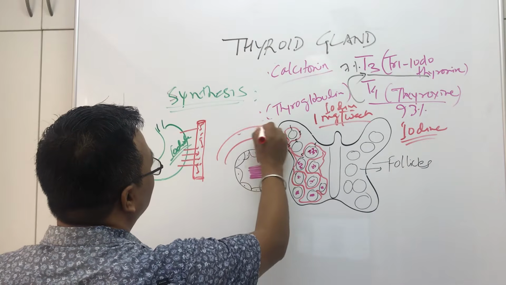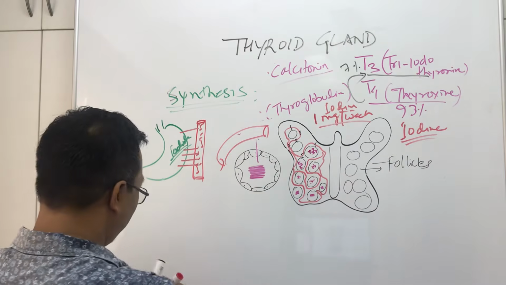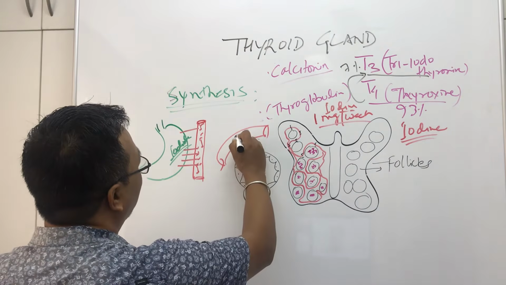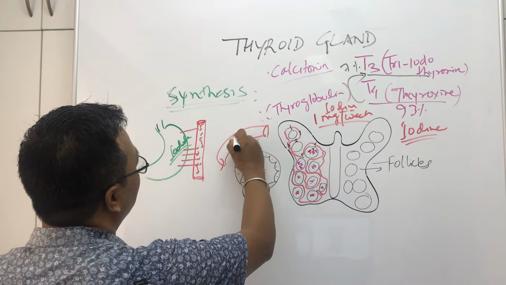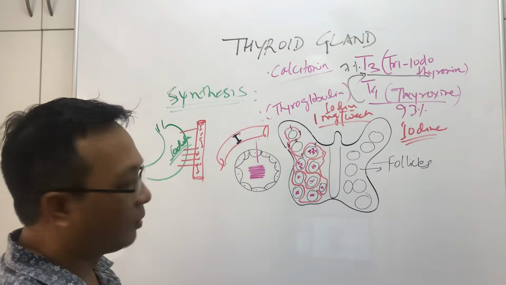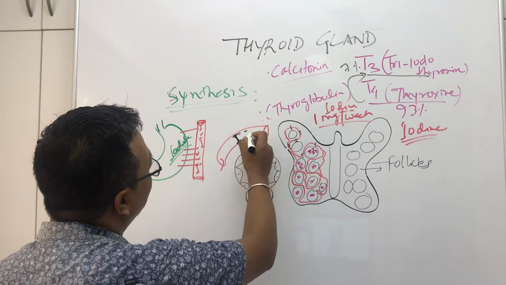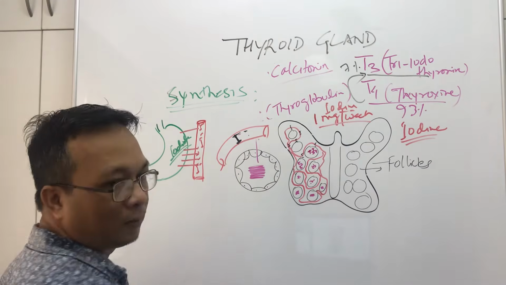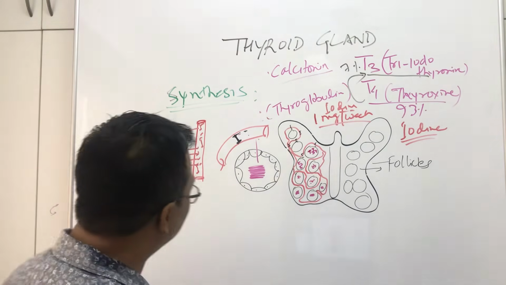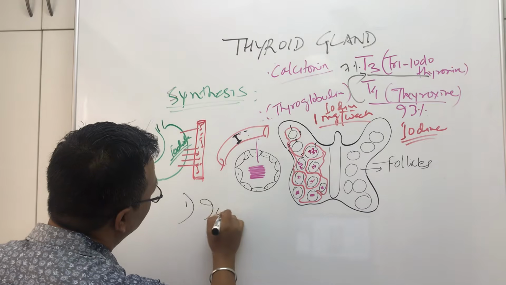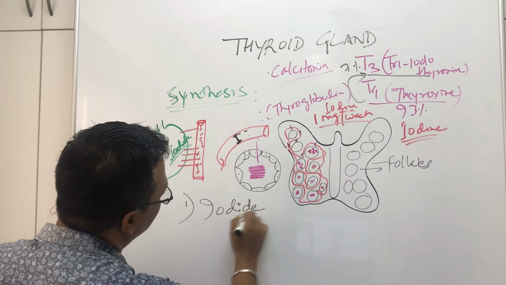This is the blood vessel, the capillaries, and here is the iodide. So iodide needs to travel from here to here. The first step in synthesis is called iodide trapping.